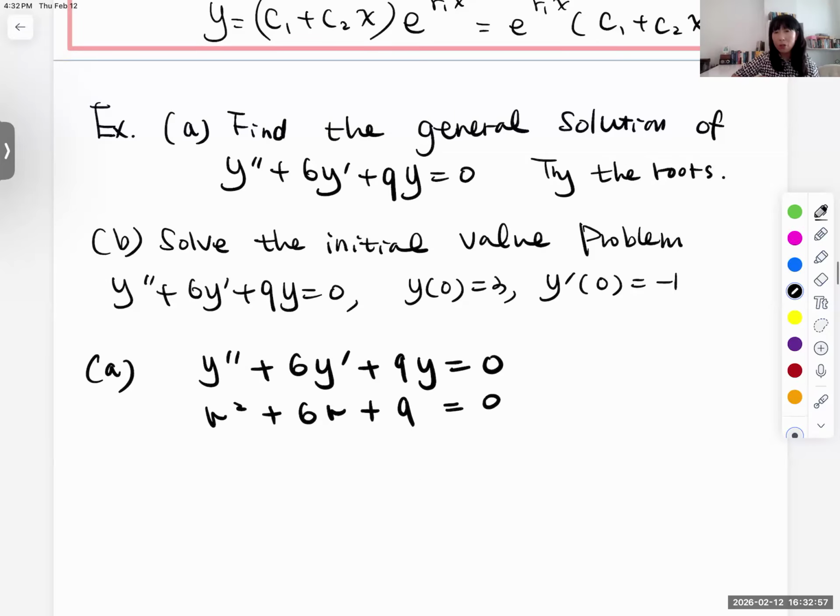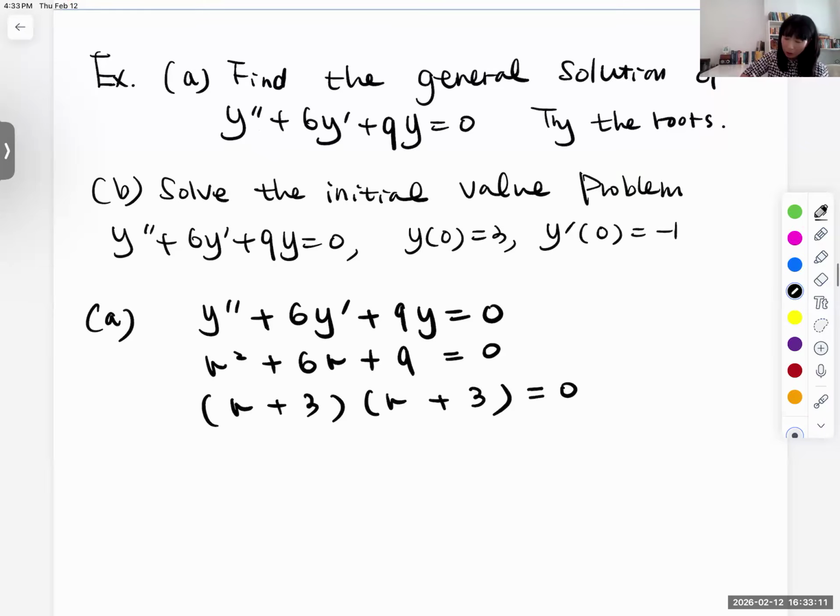Okay, now can we factor out? Can you try? Okay, nice, right? So 3 times 3, which is 9, add them, which is 6. Very good. So we have r plus 3 equal to 0 means r equal to negative 3 and repeated, right?